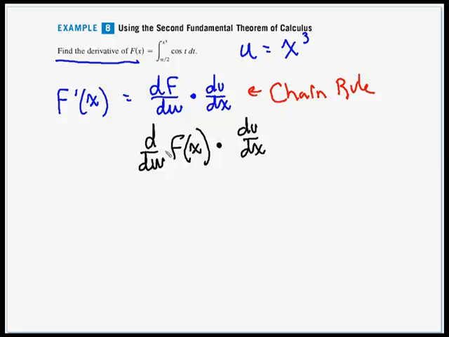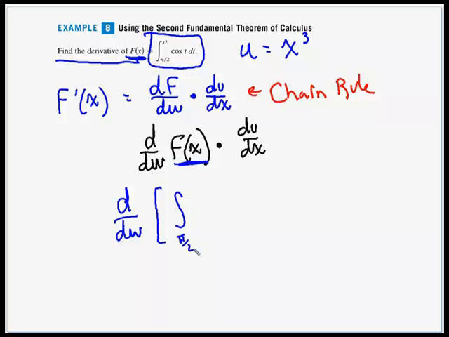Well, let's see here. This F of x is the definite integral, so we can substitute it in place of F of x. What we're going to have is d du of our definite integral from a half pi. And let's do our u substitution right now for the upper limit.